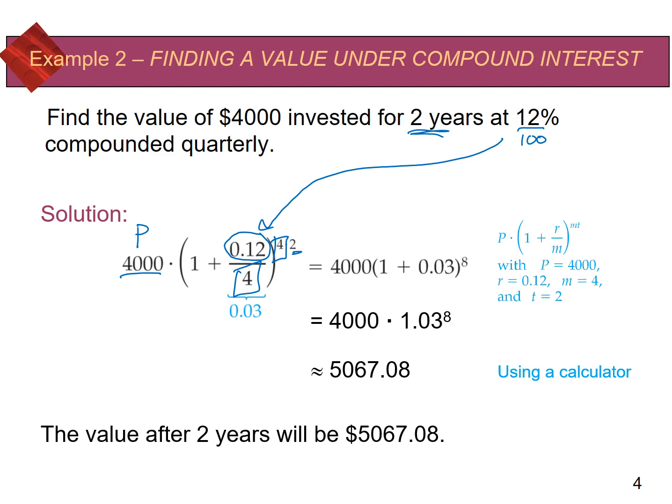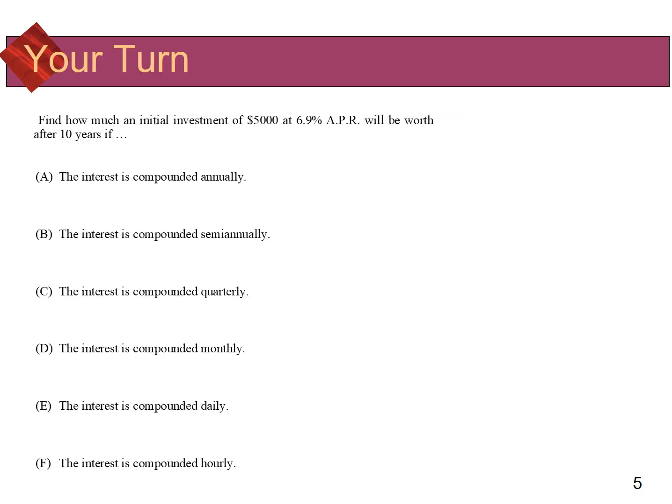Let's have you try it now, using some of the words so you get a chance to see some of the words that will often be dealt with when dealing with compound interest. How much will an initial investment of $5,000 at 6.9% APR, which is annual percentage rate, and that's not 100% accurate.